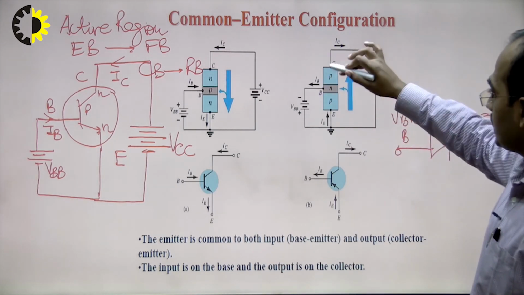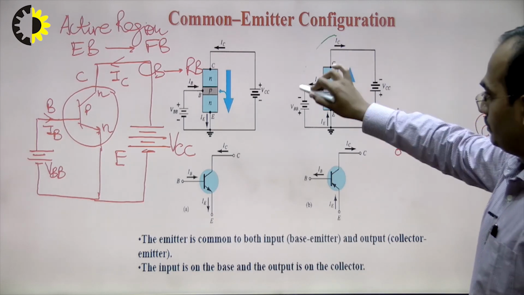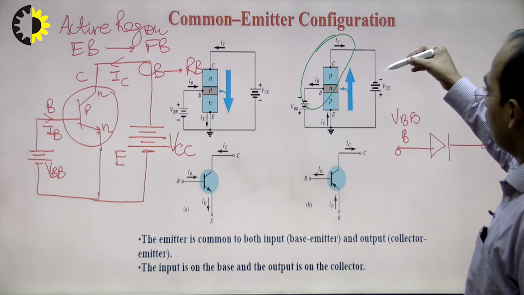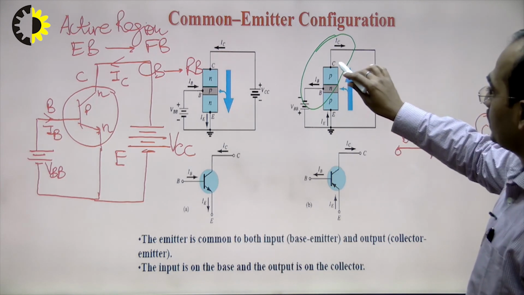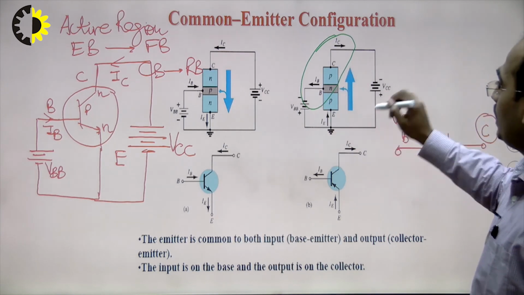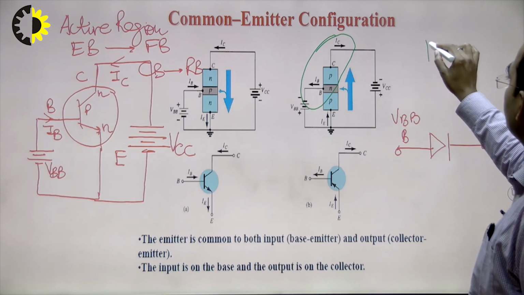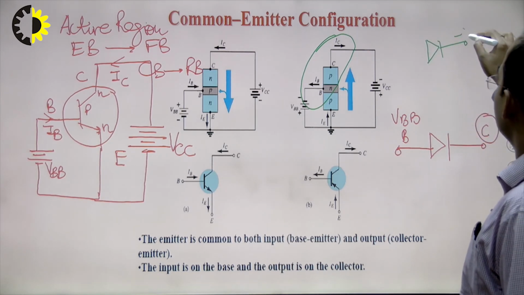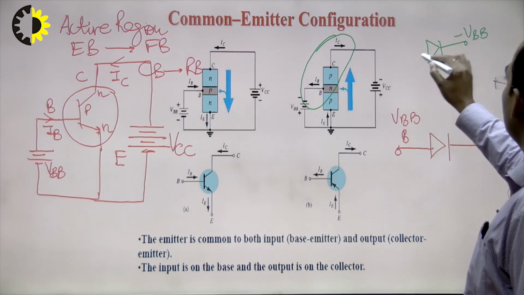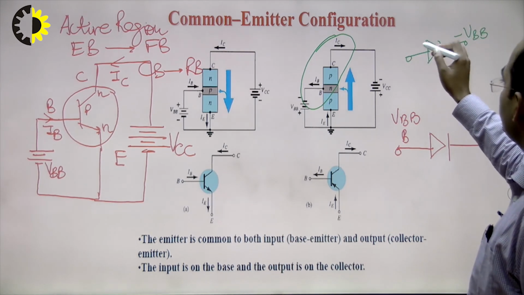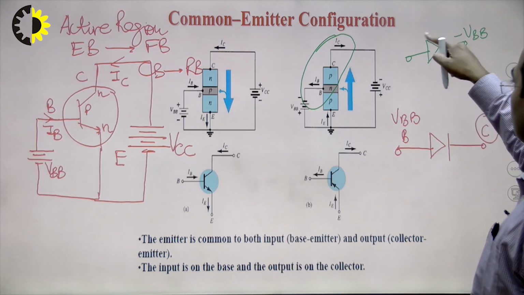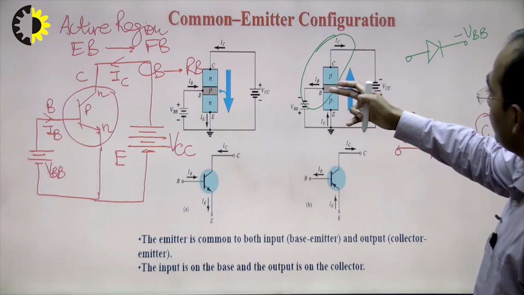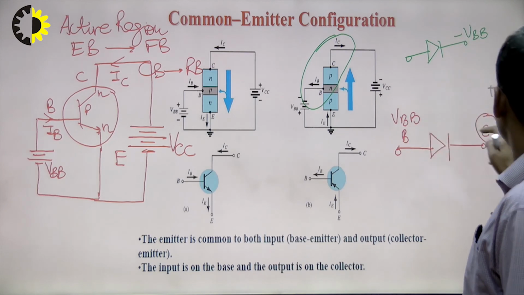For making the collector base junction reverse bias, we have to connect it like this. I have already applied the minus VBB to this N side. We have to make this PN junction, this collector base, collector is this, sorry, reverse bias.